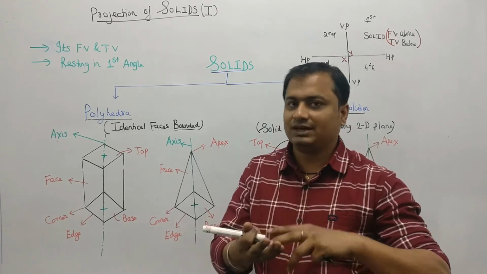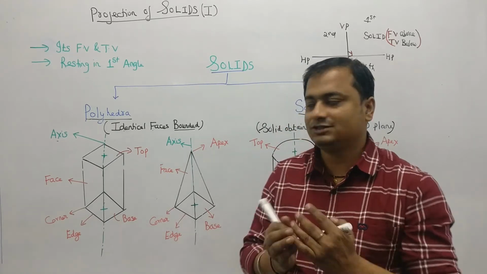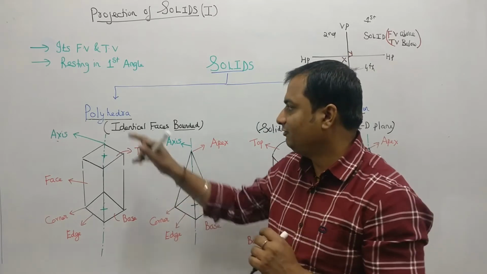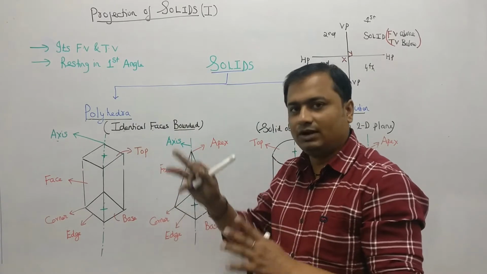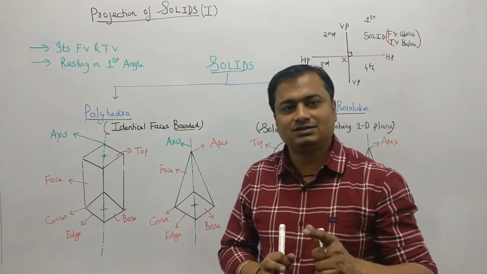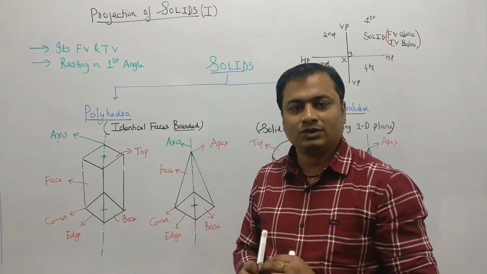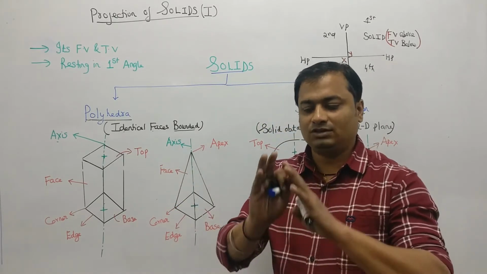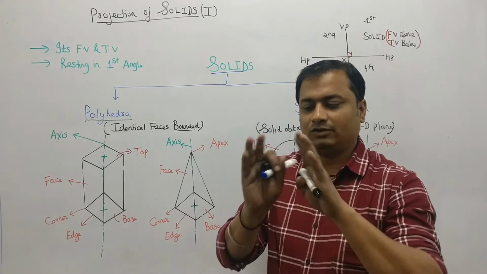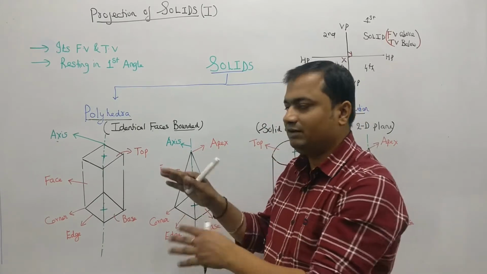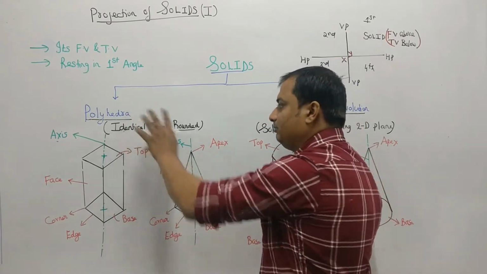So the solids which are created after bounding the faces come under the category of polyhedra. Identical means same face. So the solid which is generated is called polyhedra.